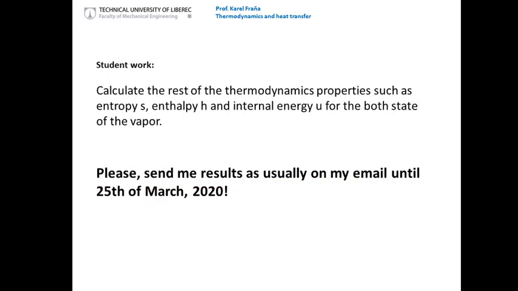I hope that you understand this problem, and now please perform the calculation as well for the entropy, the enthalpy and internal energy U, and calculate the state for these two qualities of the vapor, 0.2 and 0.8. You have to do the same as I have already introduced here.